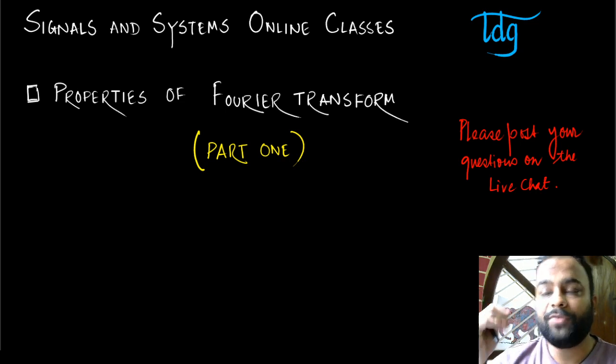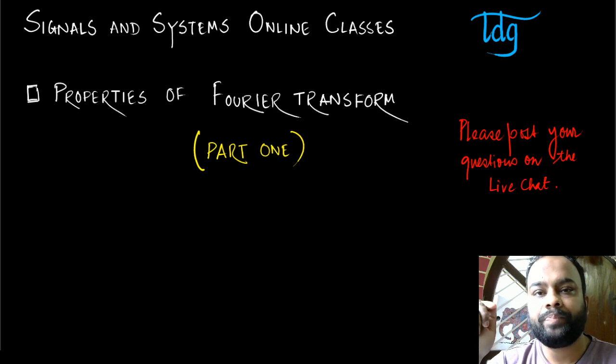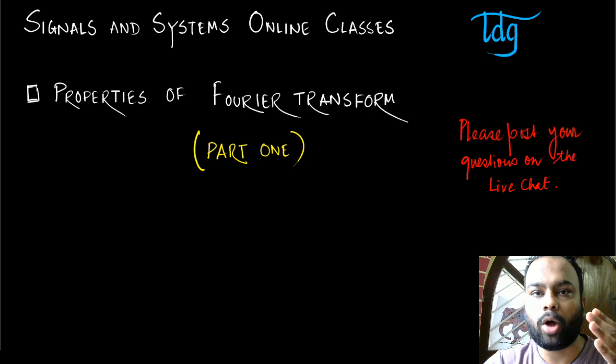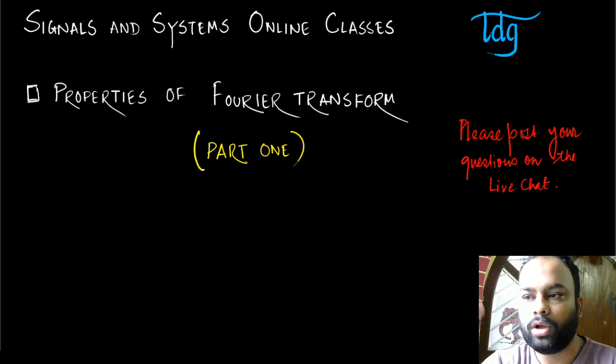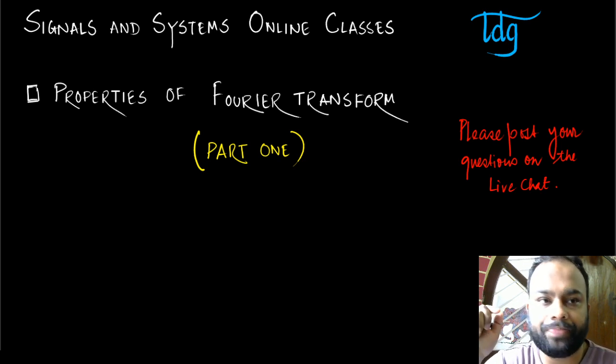For example, a problem can be brought down from a 3-page long problem into a half-page long problem, if you understand all the properties and have learned how to use them.